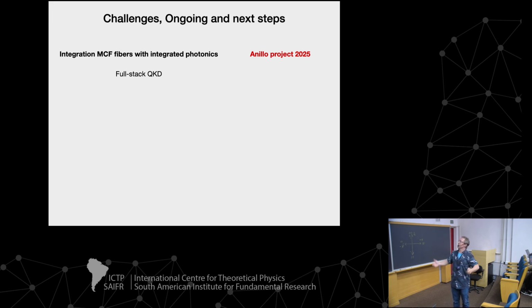So make a VPN with quantum keys. To do that, one of the things we're planning in this project is to integrate the multi-core fibers with, say, chip technology, so having source and receiver on chip. That's one of the main goals, and I think other groups are working on this as well.